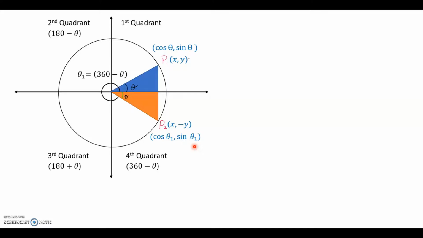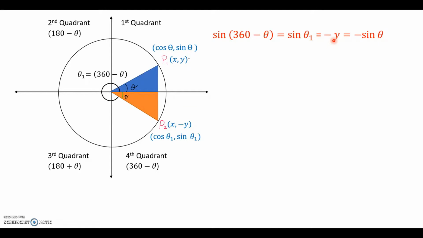Let's start with the sine. Sine of 360 minus theta can be written as sine theta 1 because our theta 1 is equal to 360 minus theta. And we know that sine theta 1 is minus y. So we bring this minus y here.